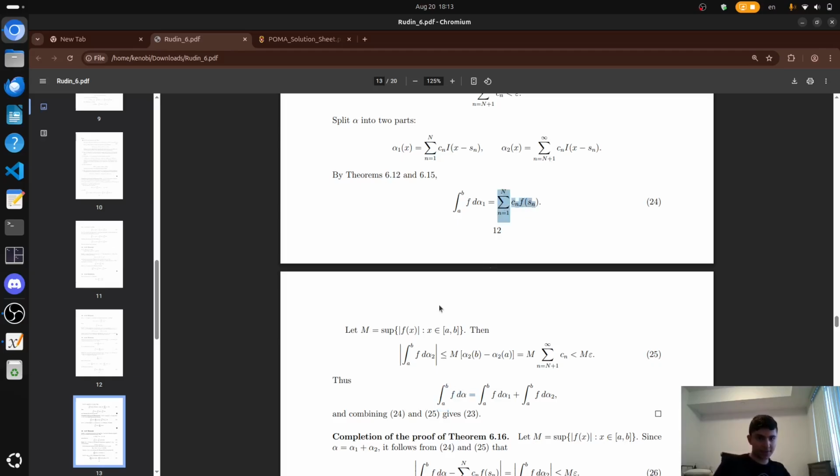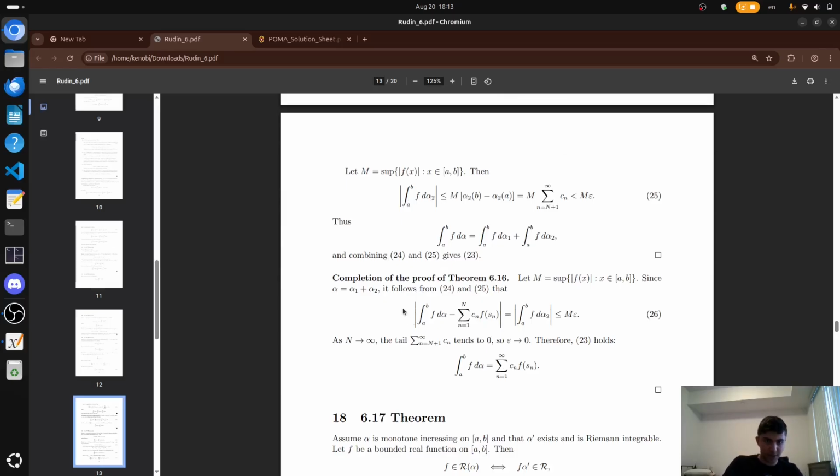So it's going to be the same thing as the full integral minus the sum of c n f of s n, and we know that's less than M epsilon. And as n goes to infinity, we can obtain that it's less than epsilon, which means that the full integral is the same thing as this sum over here, which proves the statement.